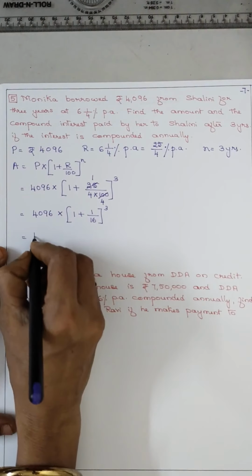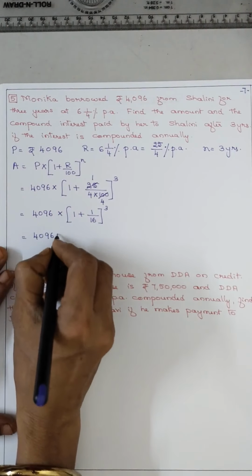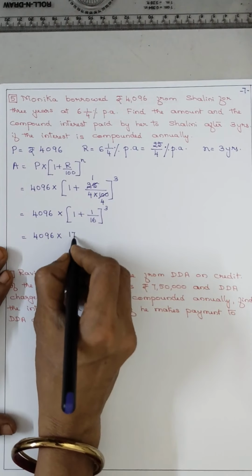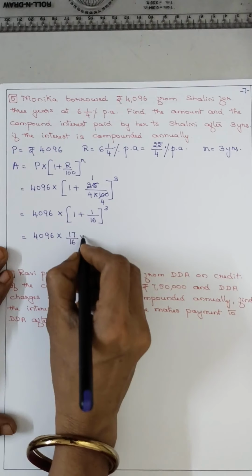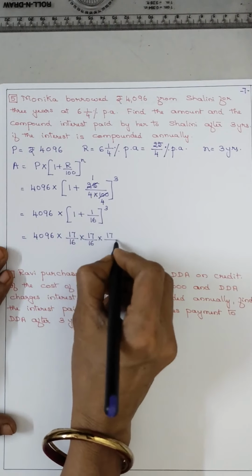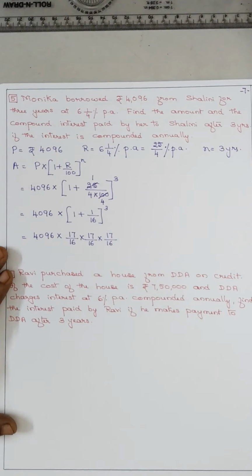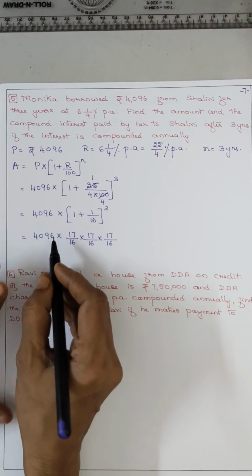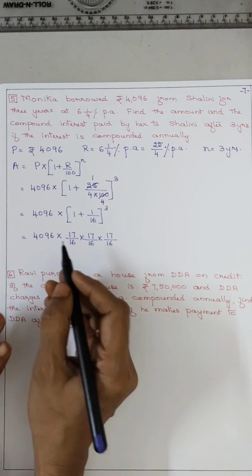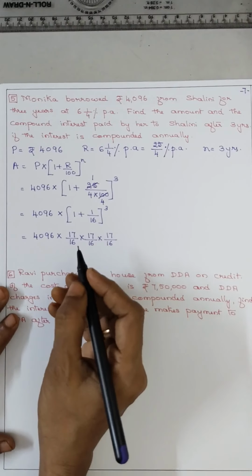Now 4096 into 16 plus 1, 17/16, 17/16, 17/16. Now 4096, that is the cube of 16.